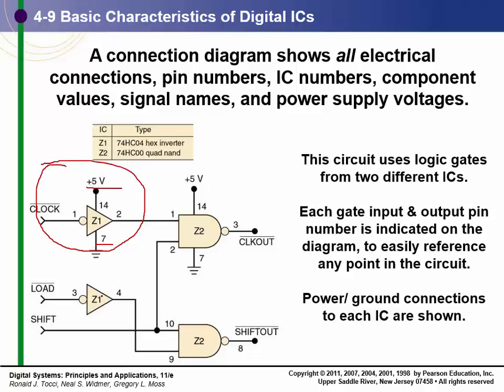But if you're going to the next level and you're actually going to be building this board, then you're going to want to put these pin numbers on there. This denotes that this is Z1. It's usually not Z, I can't even remember, I'm drawing a blank on what you would normally use for an IC, but it may be IC1, IC2, or whatever.